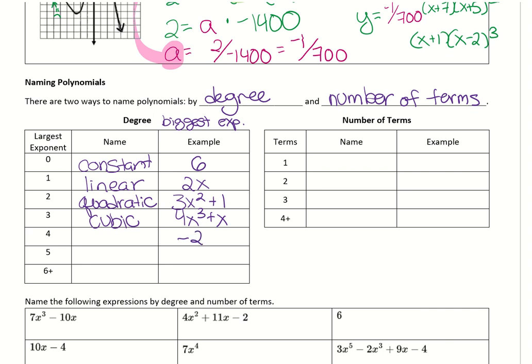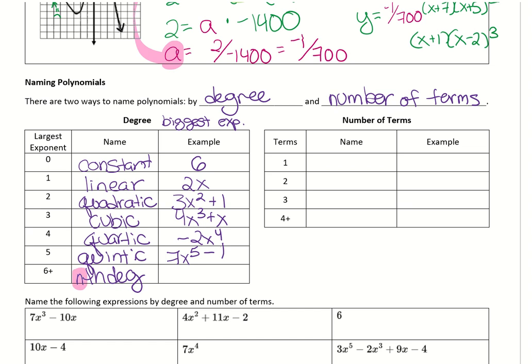If something's to the fourth power, we call it quartic. And if something is to the fifth power, like 7x to the fifth minus 1, we call it quintic. And then after that, we just call it an nth degree. We don't literally use the letter n, we just say 8th degree, 12th degree, 7th degree.